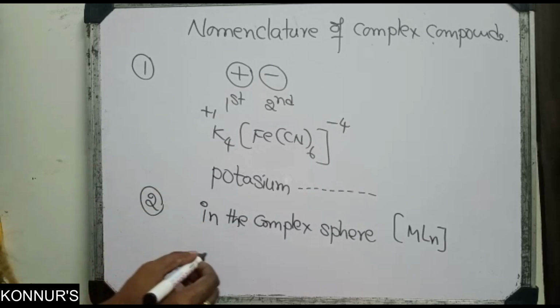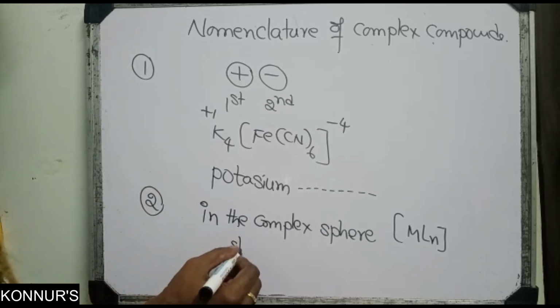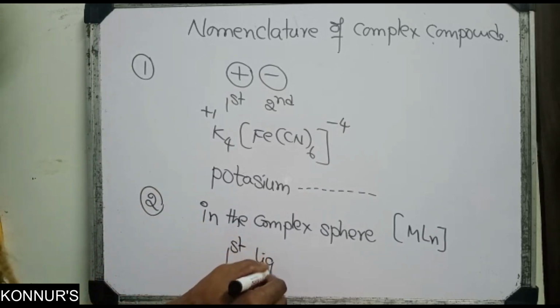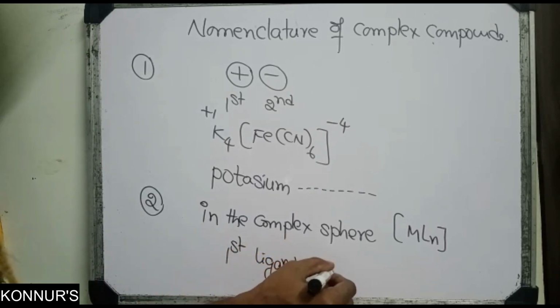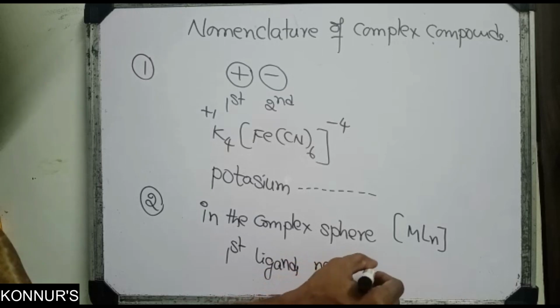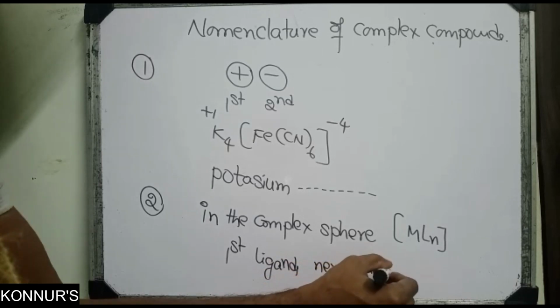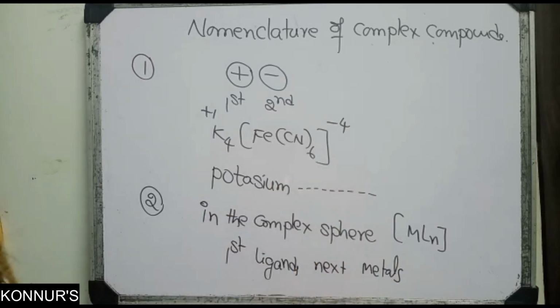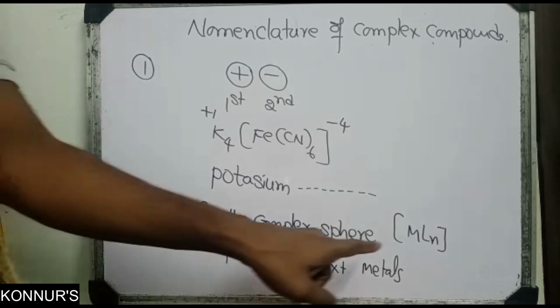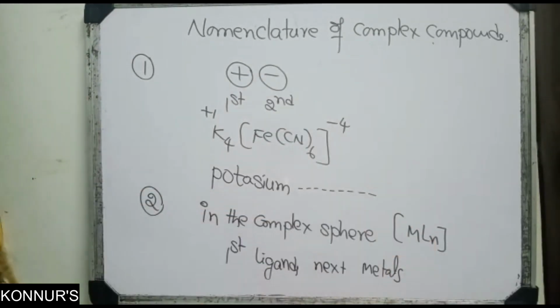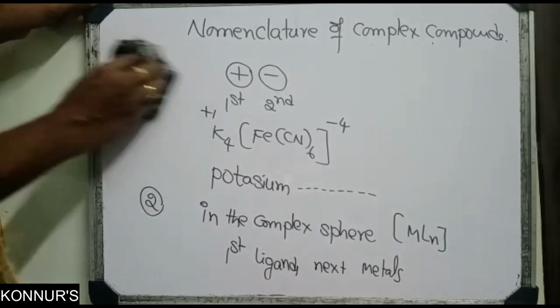In the complex sphere, first we discuss the ligands, next we discuss the metal. The complex sphere contains metal and ligand, and first we are discussing the ligand.